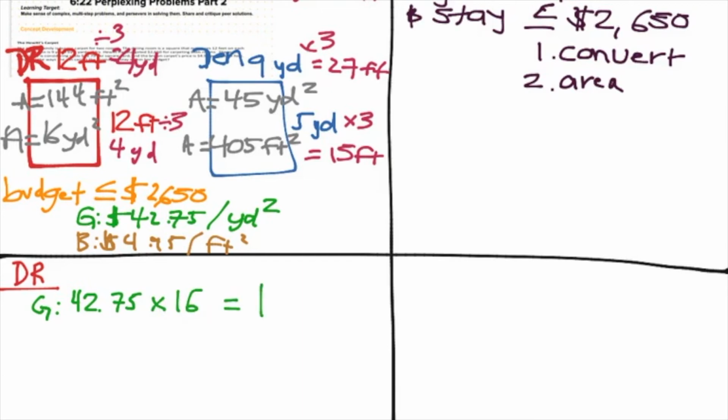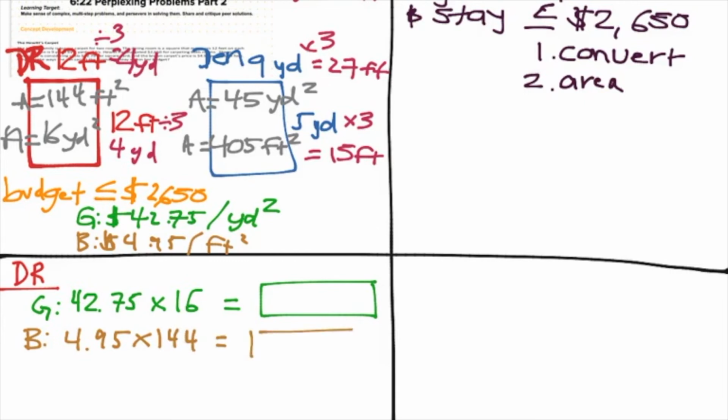Okay, so this will tell me the cost if I used the green carpet in the dining room. Well, what if I used the brown carpet in the dining room? What would that cost? For the brown carpet, I know that it costs $4.95 times how many feet do I have there? 144 total feet, and that will tell me the cost of the brown carpet.